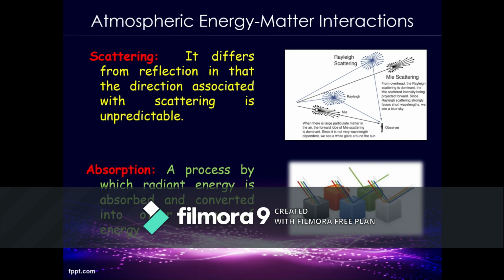The actual size of the particles may range from 0.1 to 10 times the wavelength of the incident energy. And non-selective scattering takes place in the lowest portion of the atmosphere where there are particles greater than 10 times the wavelength of the incident electromagnetic radiation. Scattering actually is a very important consideration in remote sensing investigations.